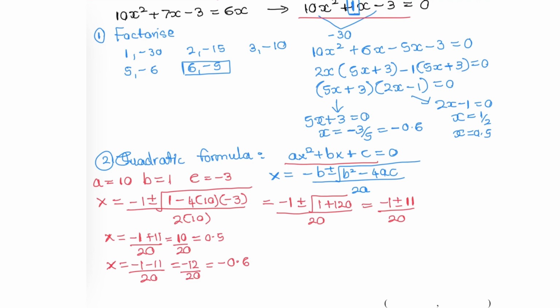So regardless of which method you choose to solve your quadratic equations, you should be getting the same x value to move forward with this. So from there we basically need to calculate the y values, right? So now that we know that x is equal to negative 0.6, this must be for point A. For point B we are looking at x is equal to 0.5.